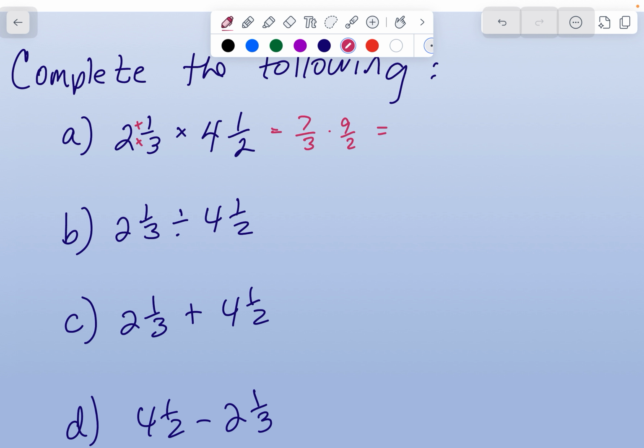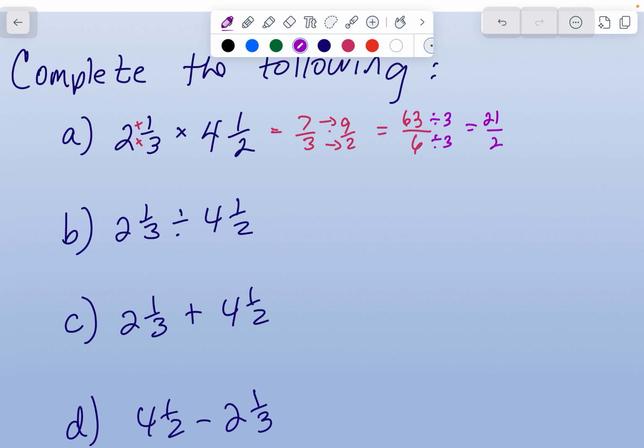You're going to multiply tops with tops, bottoms with bottoms. So you would get 63 over 6. Now, both 63 and 6 are divisible by 3, so let's divide that by 3. And so 3 goes into 63 21 times, 3 goes into 6 2 times, and then we have to think about what does that tell us. 21 halves is fine.